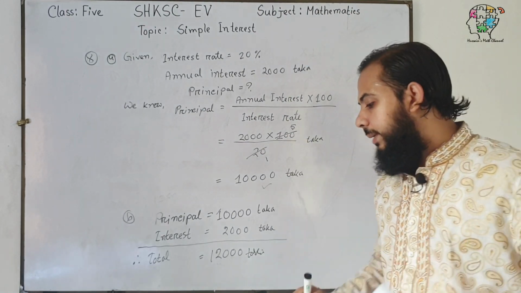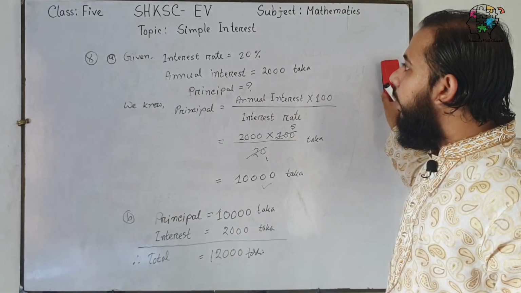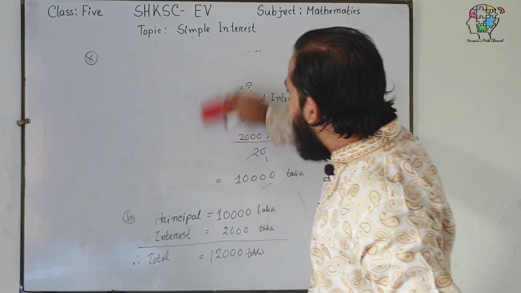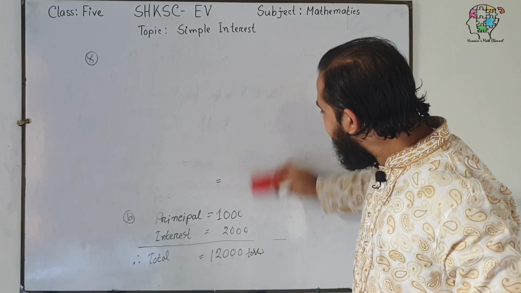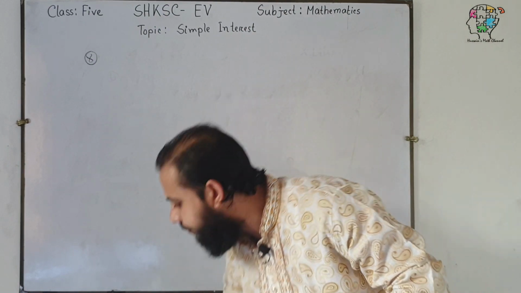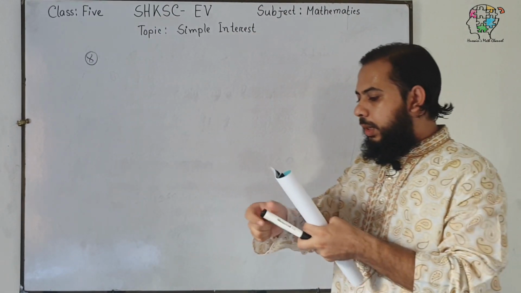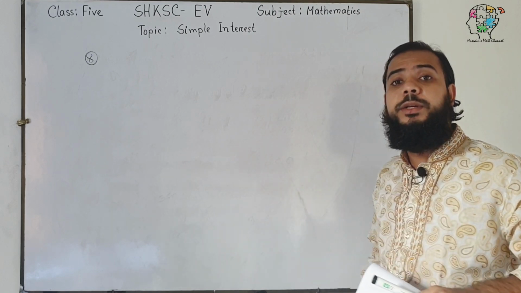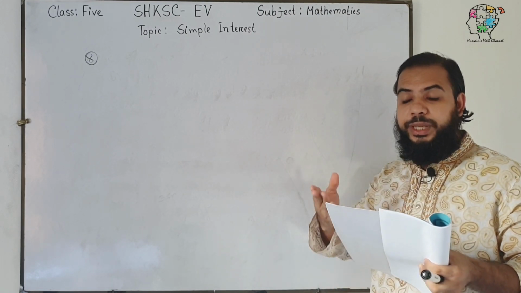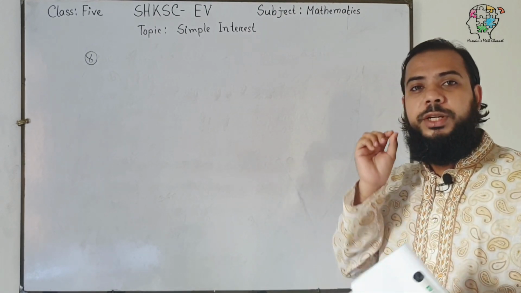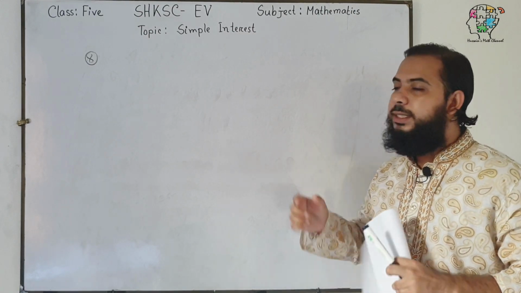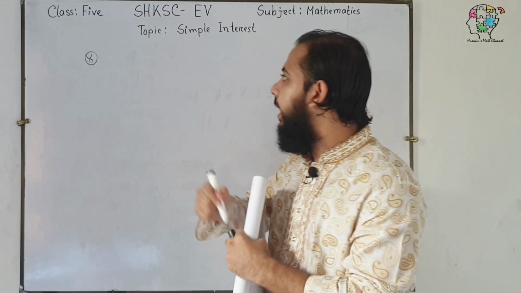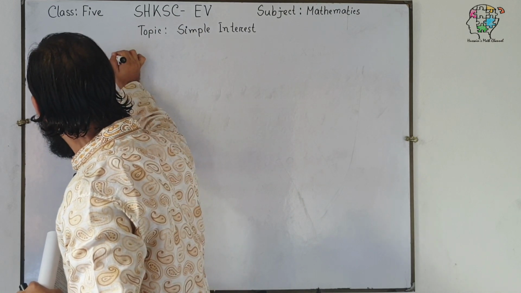Now we start question number C. How much interest would be paid if the annual interest rate was 15%? That means in the question the interest rate was given as 20%, but now the interest rate is 15%. And what is the principal?